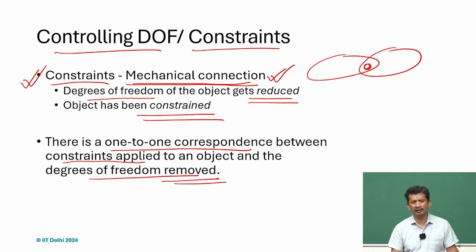Whenever we apply any constraint or establish any connection or contact between the objects, certain degrees of freedom will be reduced or removed. We have to always keep this in mind: if there is a connection, if there is any constraint applied, the degrees of freedom will get reduced.